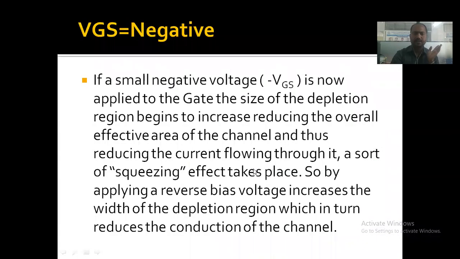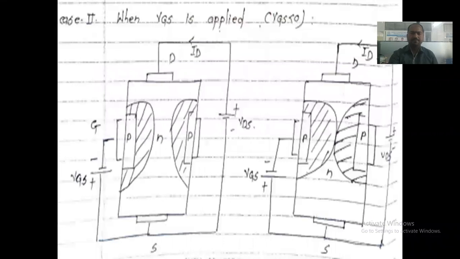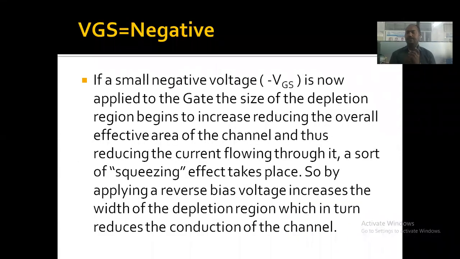Now we will see another condition, that is VGS equal to negative. Initially I will explain what happens when VGS is negative. See the diagram, VGS equal to a negative voltage. We know that when VGS equals 0, the smallest depletion region forms, because internally it acts as a PN junction diode.